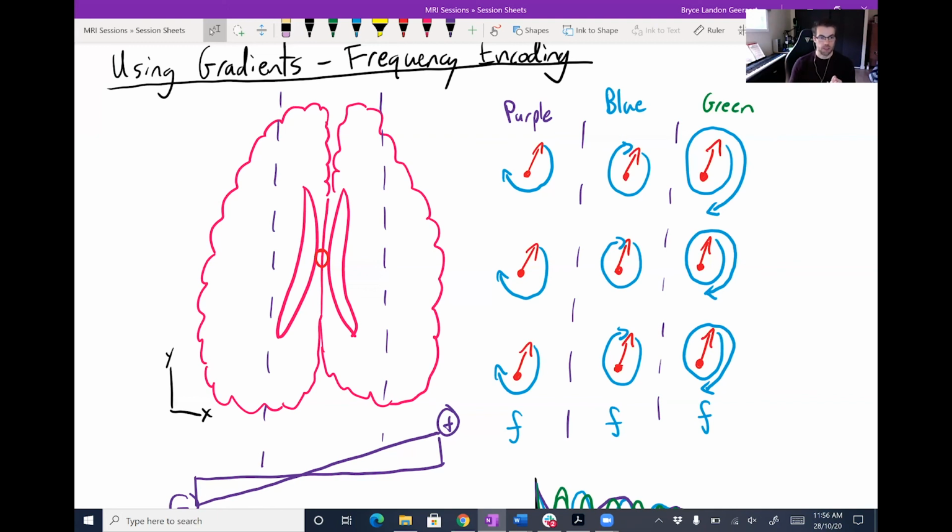That's why we have a transverse component to our signal, and that's why we can record something. At a different point in time, you could expect the arrows to be pointing in different directions, but at this point, after we've applied the B1 field and now we're recording signal, the spins will be synchronized. That'll hopefully make more sense once we talk about pulse sequences, which is going to be the focus of our third session in 2 weeks.